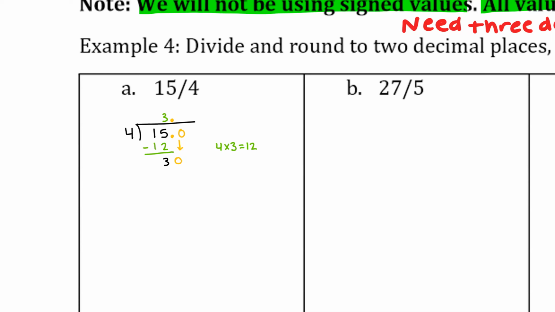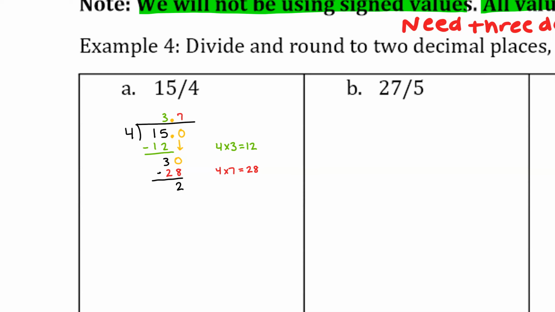It's there. So now we'll think, okay, what do I need to times 4 by to get close to 30? And I know 4 times 7 makes 28. So I'll put the 7 upstairs and the 28 down here for subtraction. 30 take away 28 is 2.